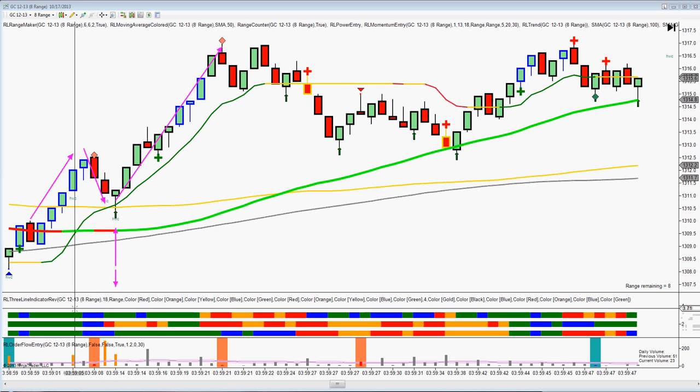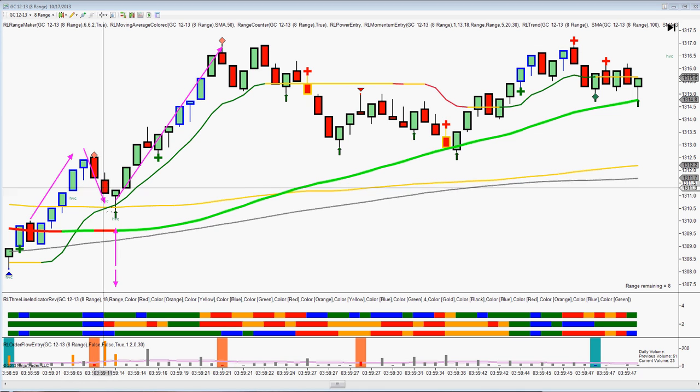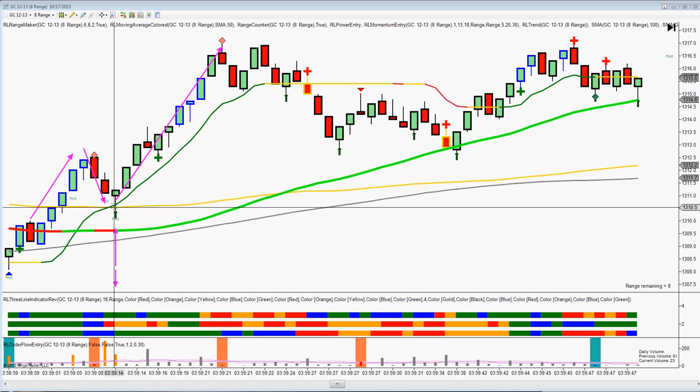Now, these momentum retracement trades are extremely powerful as long as we adhere to the rules. The closer the retracement occurs to the 50, the higher the probability that the retracement is going to be successful. And just like the ABC continuation trade, the first retracement is always the most powerful.